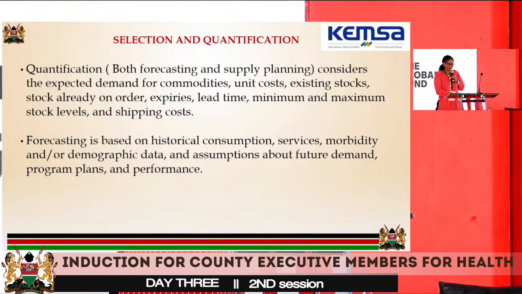But what we are doing now at KEMSA, and I know that is what happens at the county level, we give our request to finance or to procurement, but our technical officers, how are they involved in the process of procurement? And you know, I am speaking as an insider, and I know what happens in counties.